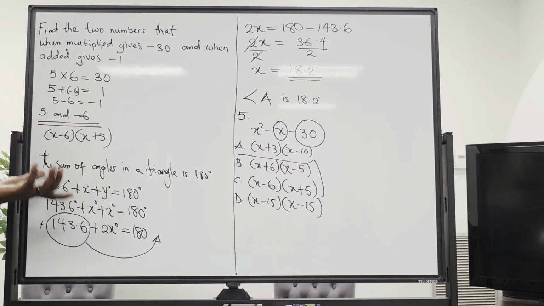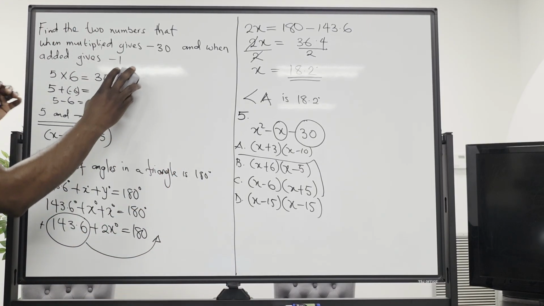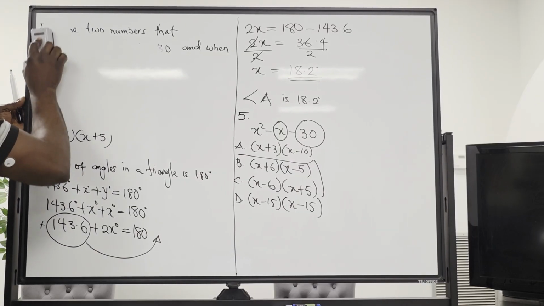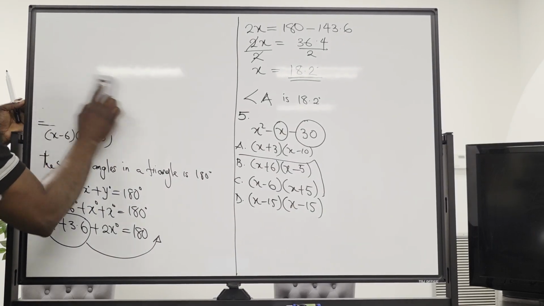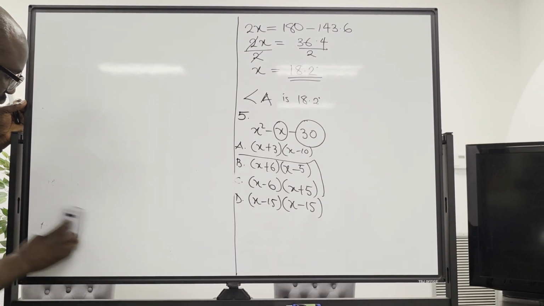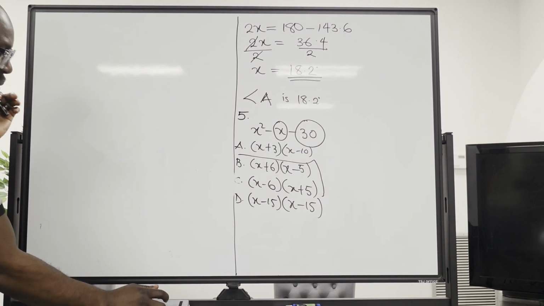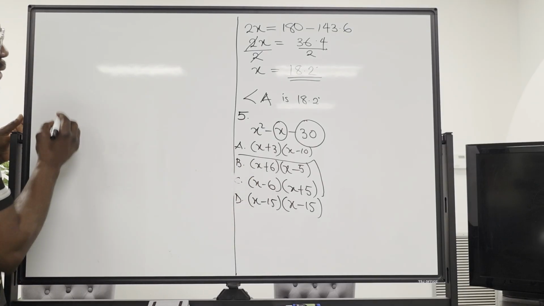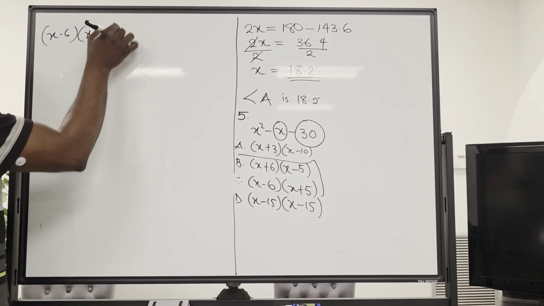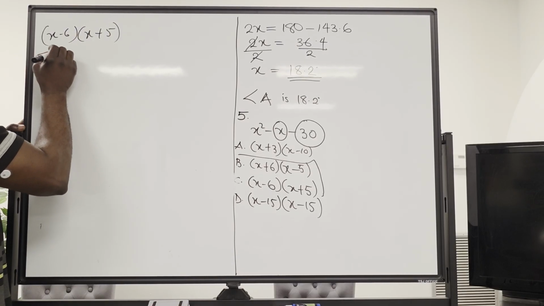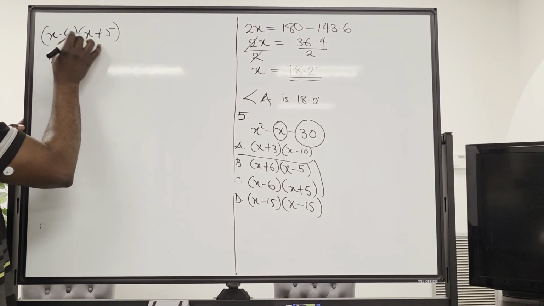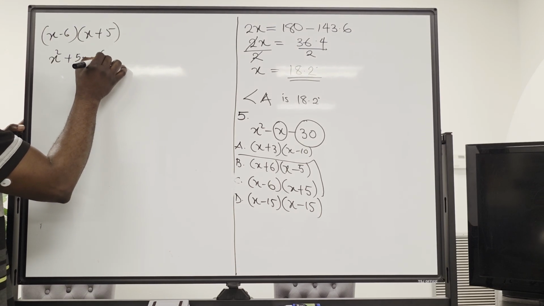If you want to check to see if your answer is correct, all you have to do is expand it. Let's do it real quick. x minus 6, x plus 5. x times x is x squared. x times 5 is 5x. x times minus 6 is minus 6x.